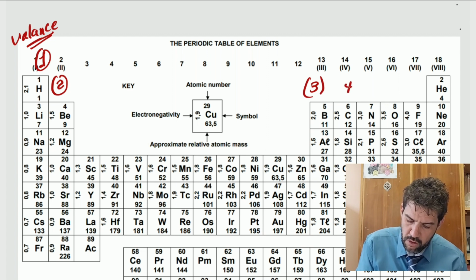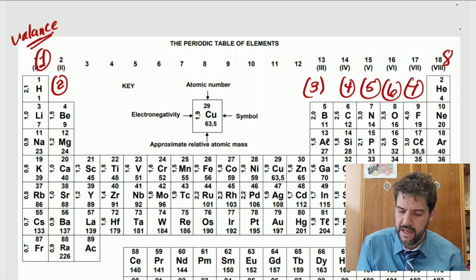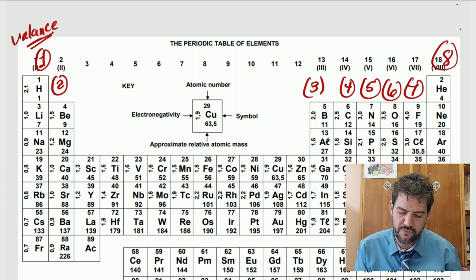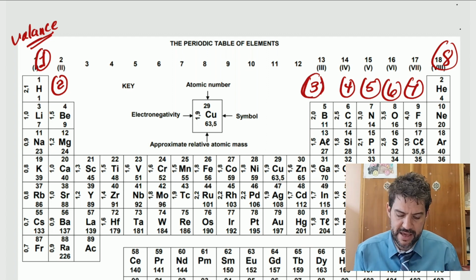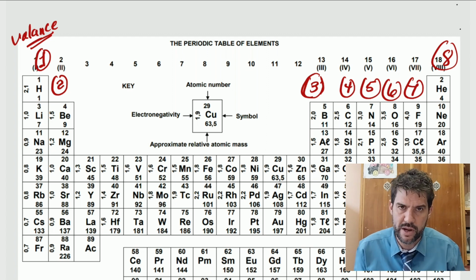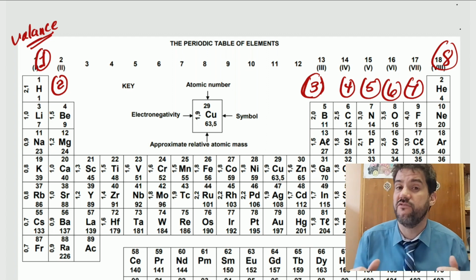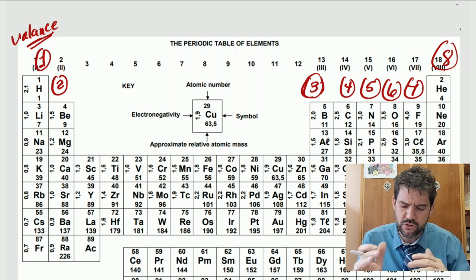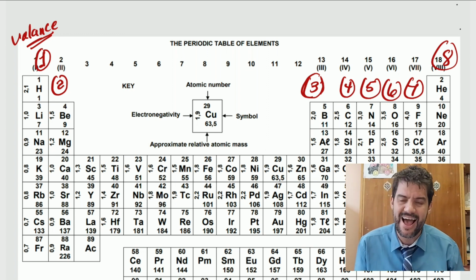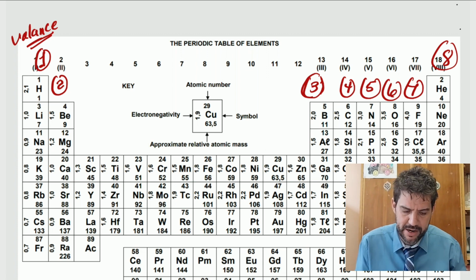Then it's 4, 5, 6, 7, and 8. That is the valence electron count for the elements that are in those specific groups. In the transition metals, we are not going to work with those in terms of valence. So we're going to work only with elements that belong to group 1, 2, 3, 4, 5, 6, 7, and 8.